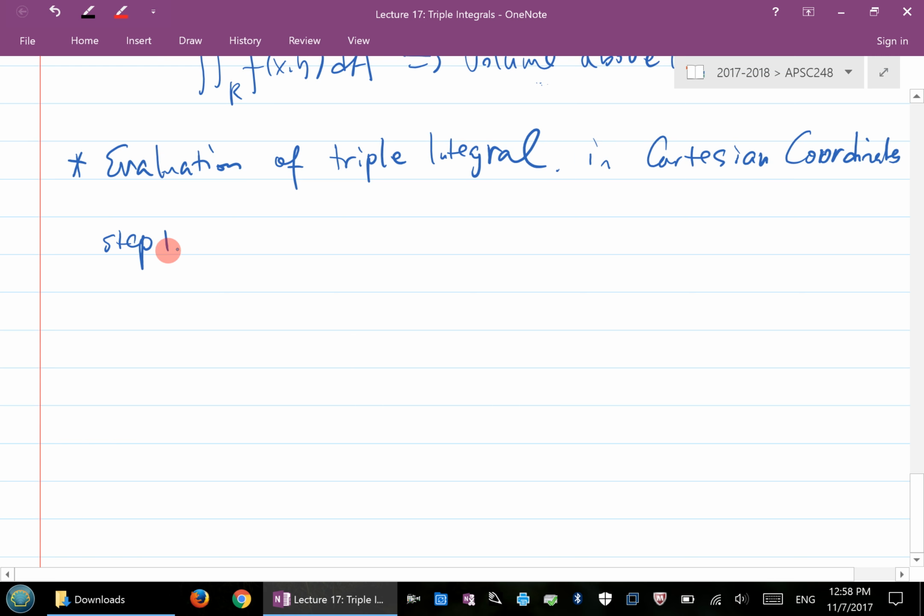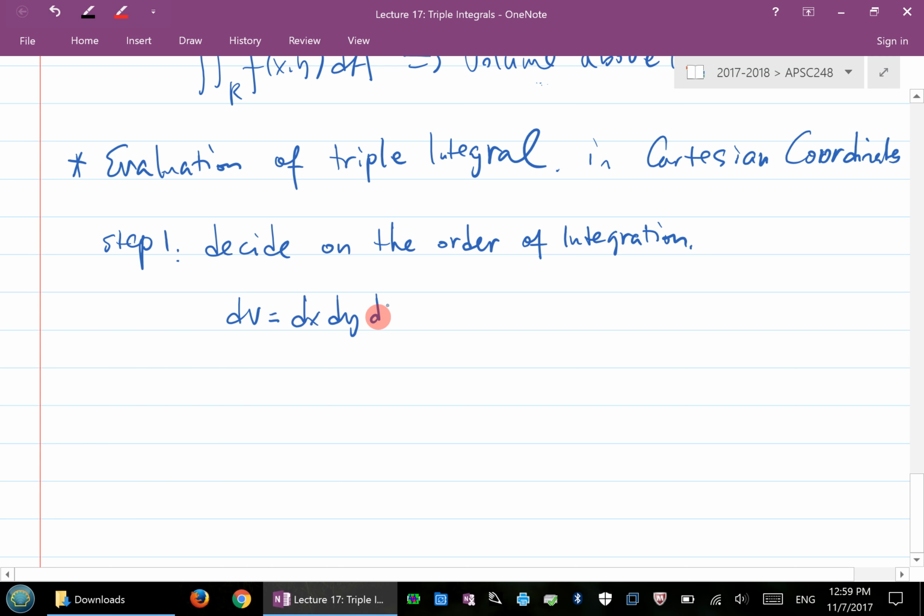Step number 1 is you need to identify the sequence of integration, or the order of integration. There are only a limited number of combinations because your dV equals dx, dy, dz.